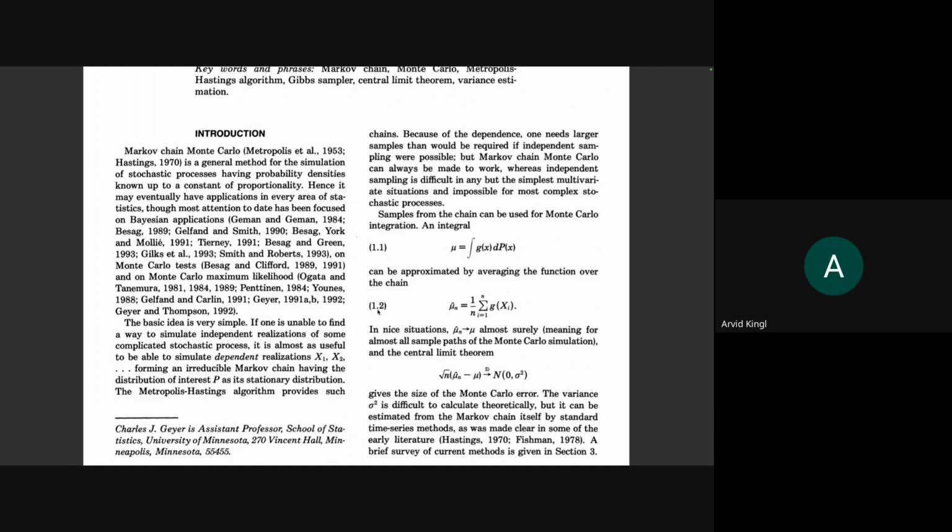But if the starting point of your chain is important, so that you freeze into local stationary results, then of course you can sample a lot from that one chain, but you will never get a true estimate of the full distribution because you're stuck.